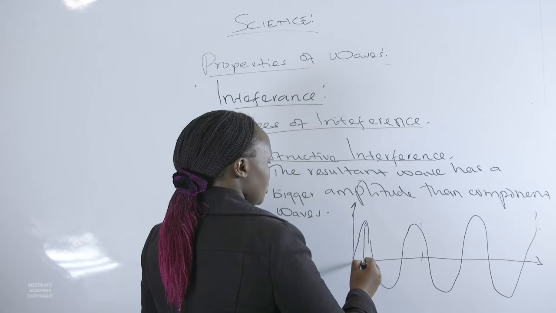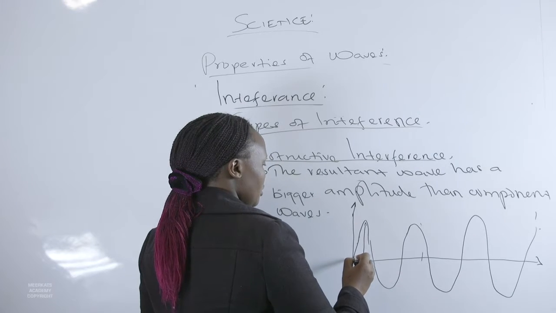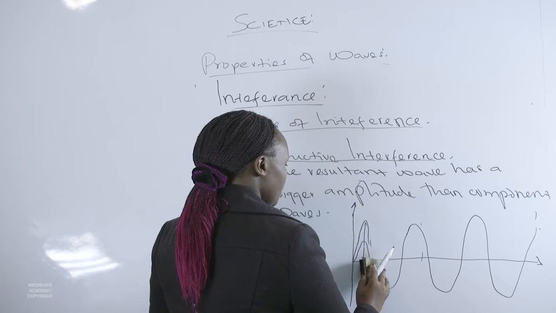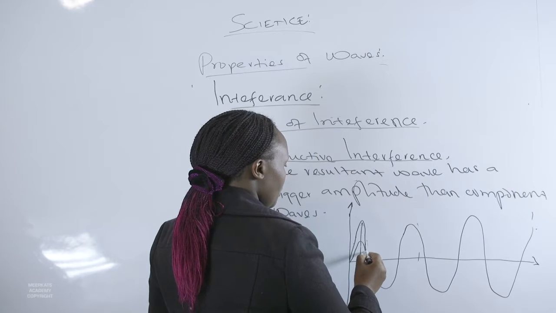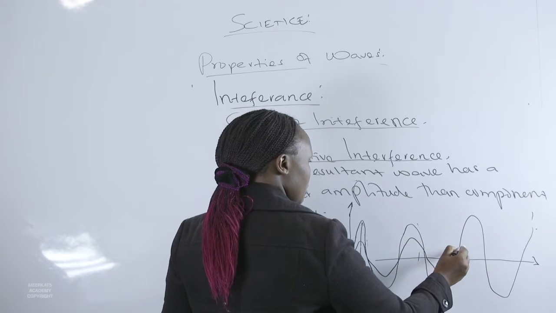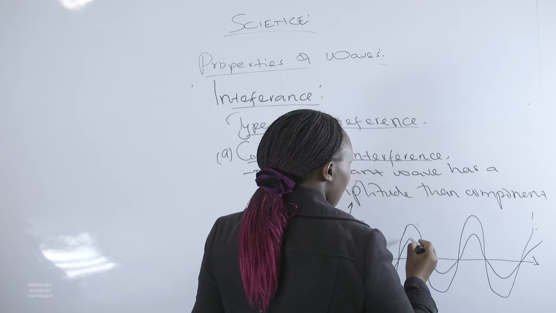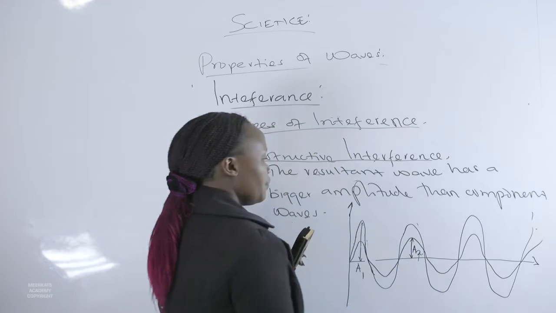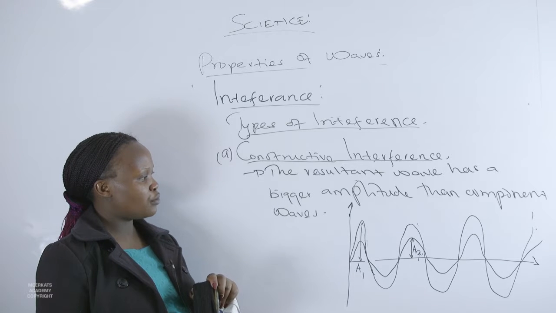Here's one. Then we have another wave with amplitude 2. And we bring them together so that they match.